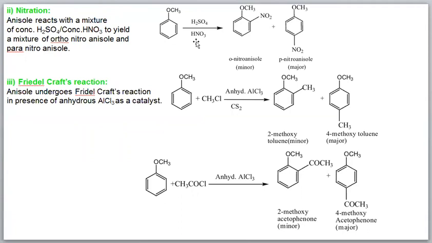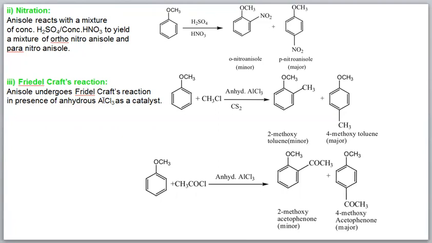The nitric acid HNO3 splits into OH and NO2. OH combines with the hydrogen at the ortho position to form H2O, and the remaining NO2 joins there. Similarly it goes to the para position also. So we get these two products, ortho-nitroanisole and para-nitroanisole. The para isomer is the major product and this is the minor product.